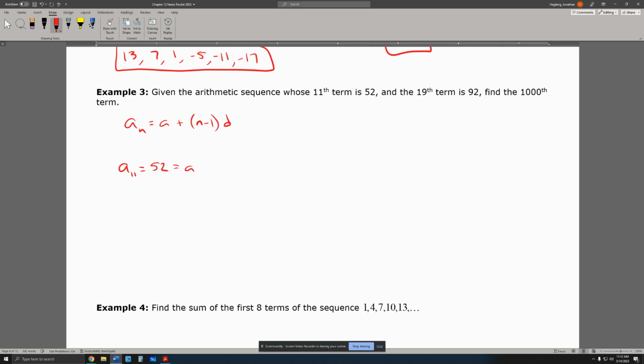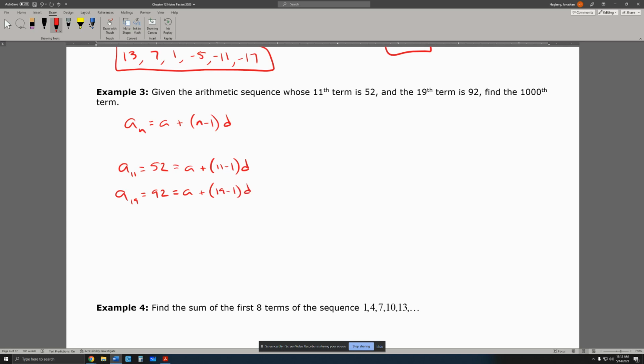And I know that's equal to a plus the quantity n minus 1 times d, where n is 11. And then we also know that the 19th term, a sub 19, is equal to 92. And that's also equal to a plus 19 minus 1 times d.